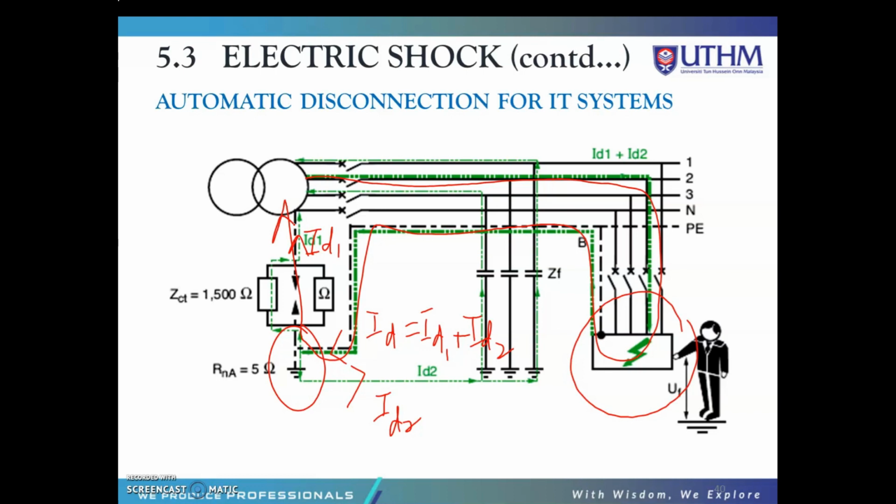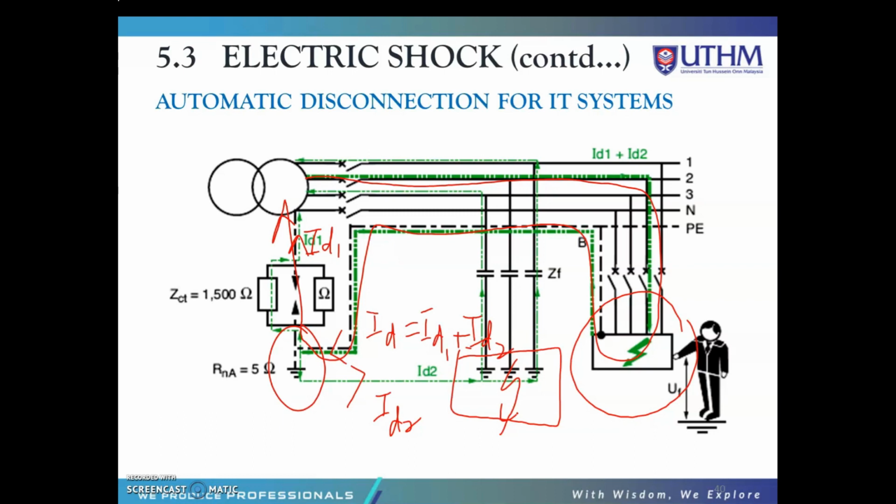On the appearance of a second fault, for example if a second fault happens here on a different phase or on a neutral conductor, rapid disconnection becomes imperative, because the simultaneous existence of two earth faults on different phases is very dangerous.